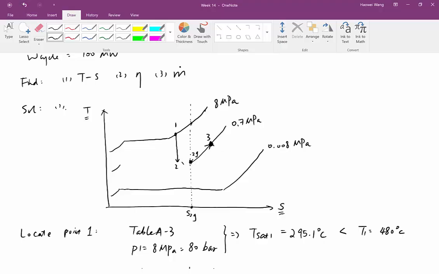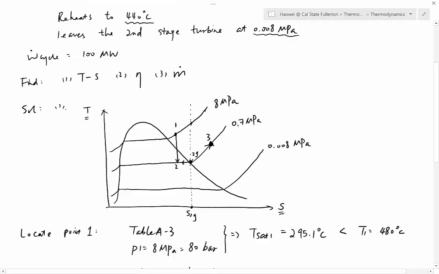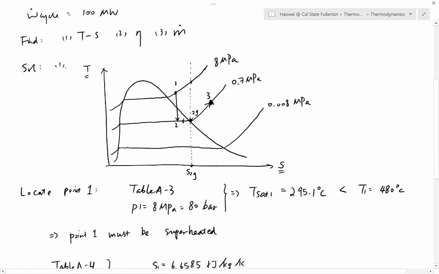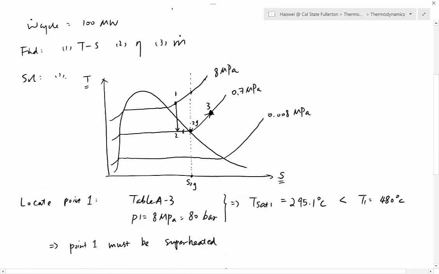Okay. Number 3, go to the right, and then 3 to 4. Let's locate number 4. Oh, we're not done with number 3 yet, because remember, 3 to 4 is the second turbine.